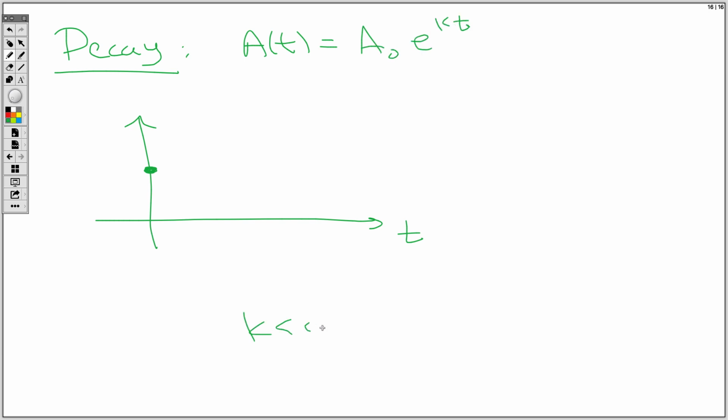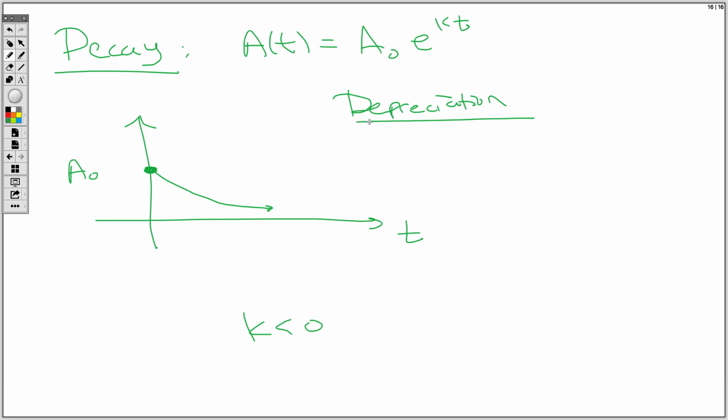If your k here is negative, then we start at a certain amount A naught and we decay. We saw an example of this on the very first day we talked about chapter 6. So almost 2 weeks ago, we saw depreciation. All right.